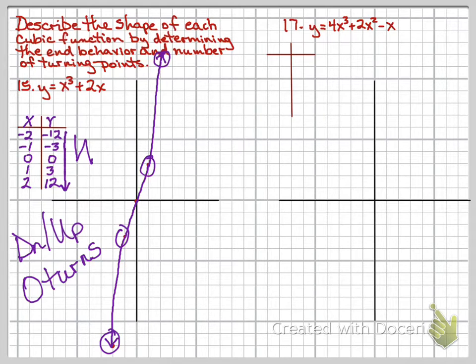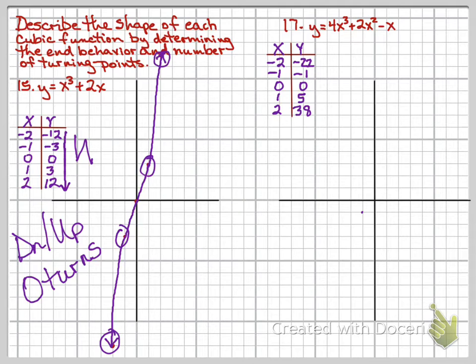When I look at my x's and my y's, again, we're going to go from -2, -1, 0, 1, 2. -2 is at -22. -1 is at -1. 0 is at 0. 1 is at 5. 2 is at 38. So I'm not going to be able to get the -22 and the 38 on here.